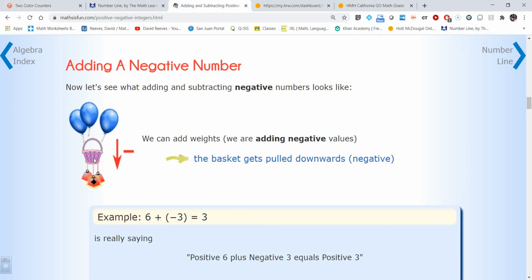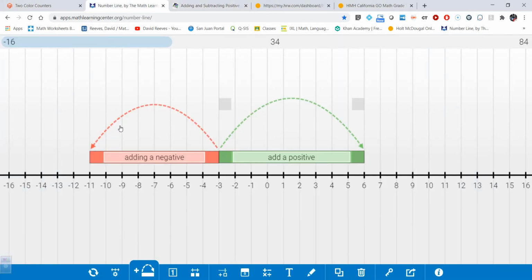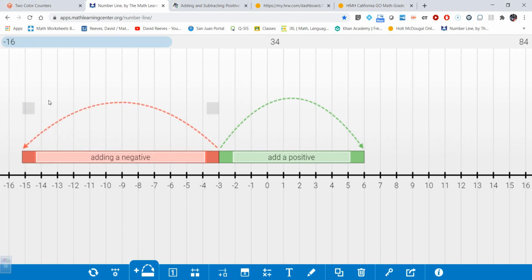Keep putting weights in, it's going to pull it down. All right, well, that is like adding negative numbers on the number line. Again, can you picture as I do this, the balloon over here going down? Oh, that would be so cool if I could do that. I'm adding negatives and that balloon is going down.